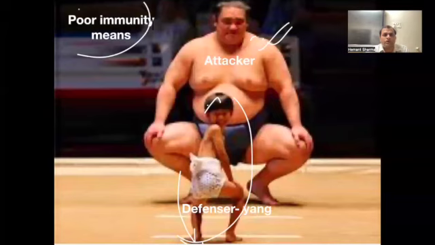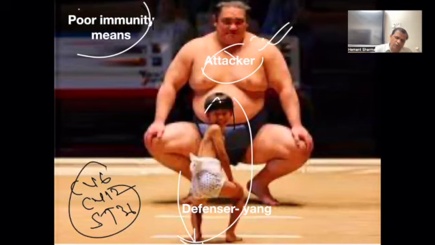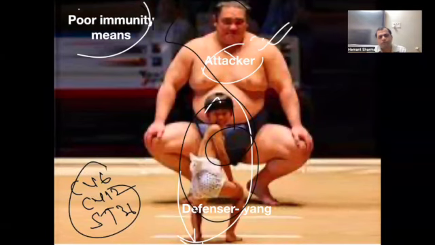So COVID-19 becomes very powerful like this attacker, because you are having poor yang, poor immunity. But once you do moxa on CV6, CV12 and stomach 36, even your small kid will become bigger. Then we'll do the fight.